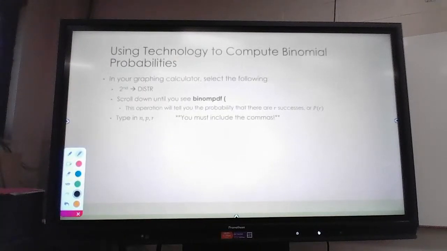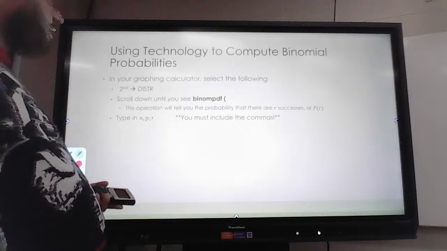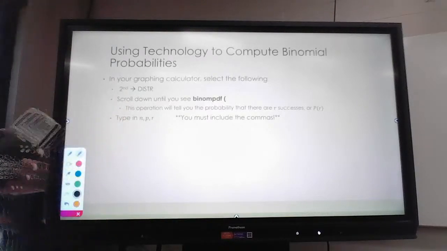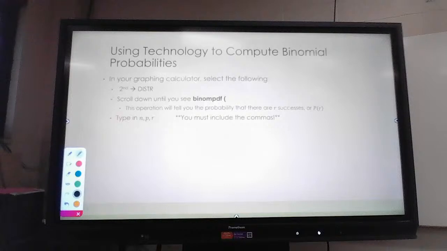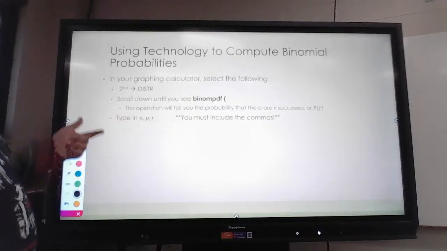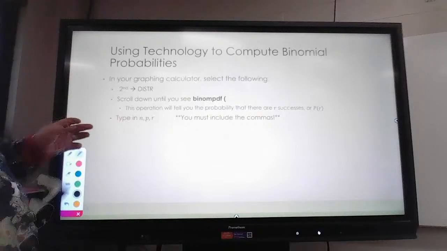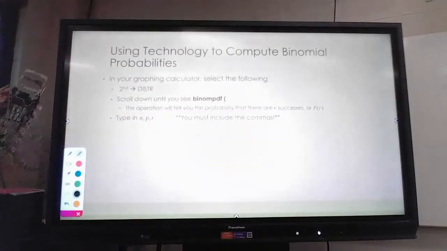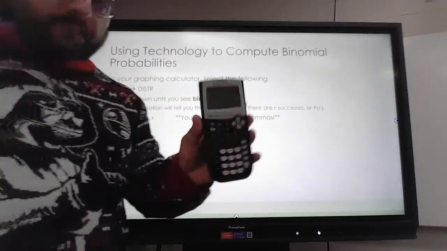Your graphing calculator actually does have a binomial probability function. For this operation, you need N, P, and R. When you type this in, some of the older TI models require you to type in all these numbers with commas, but some of them, like this one, give you a menu.